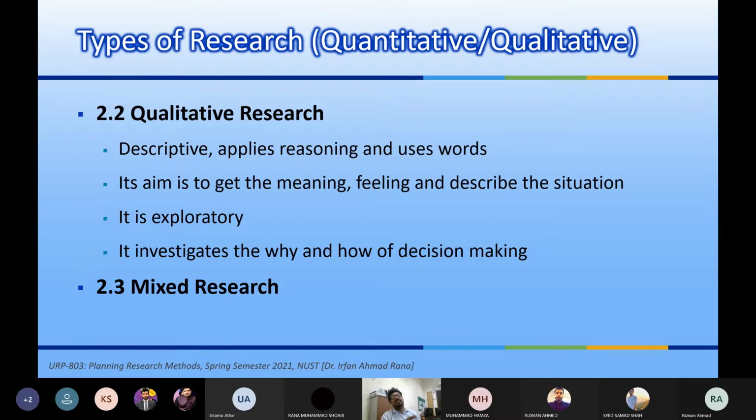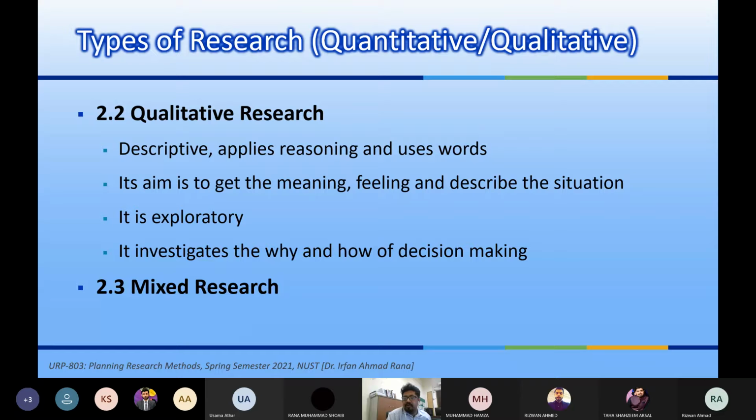But what usually happens in research, especially in social science, is that qualitative is also a very integral part of research. So usually a mixed methods approach is used to achieve your objective. Most of the time, I would say a majority of the time, it is mixed method research, because you are assessing a phenomenon that might be quantitative, that might be qualitative.